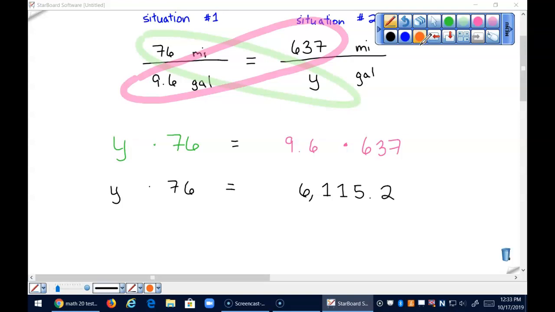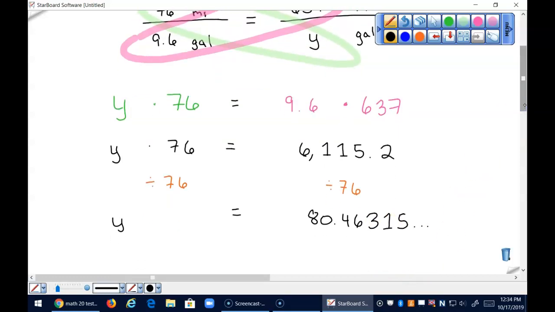So to get y by itself, I have to do the opposite. And I get this long decimal. Once again, I don't know anything to this accuracy. We're talking about cars and mileage and stuff, right?